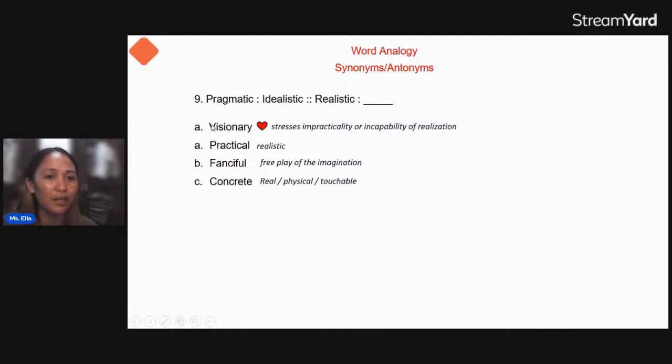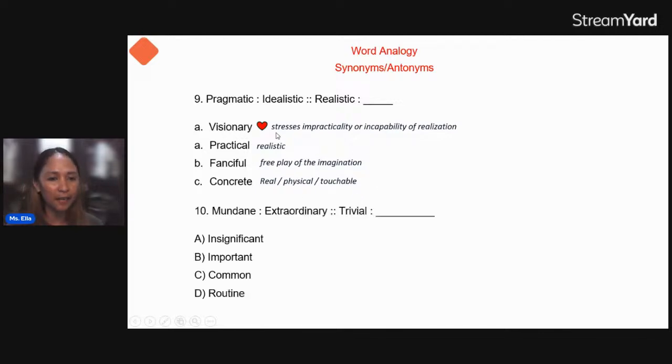We have visionary, not fanciful. Why? Because fanciful is through imagination, while visionary is the impracticality of realization. You are just visioning out, not playing with your imagination, but just a vision that it might come true. So that's why it's visionary.